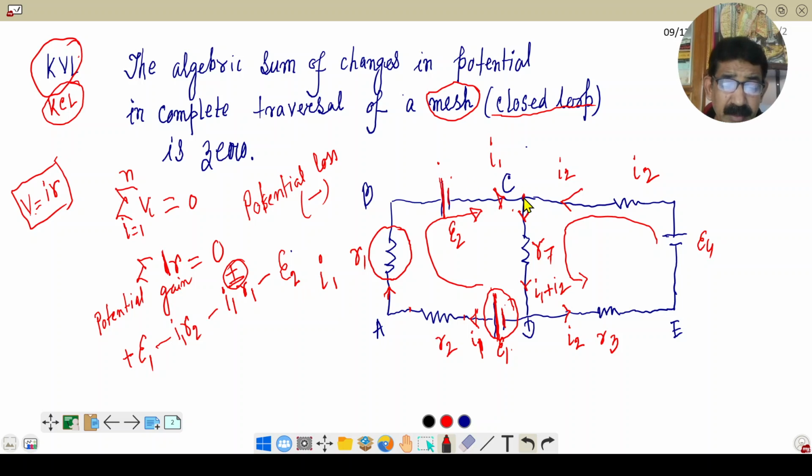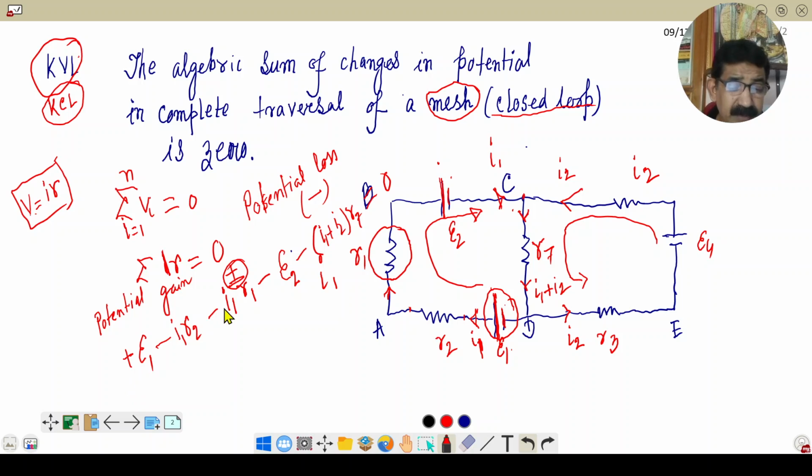Again we are moving from C to D. And the current I1 plus I2 is flowing through R7. That means minus (I1 plus I2) into R7 is equal to 0.